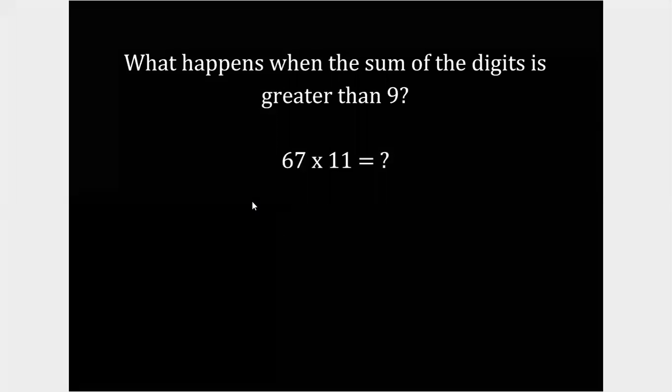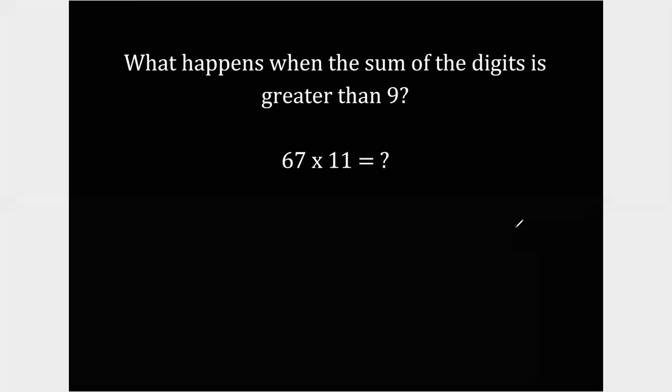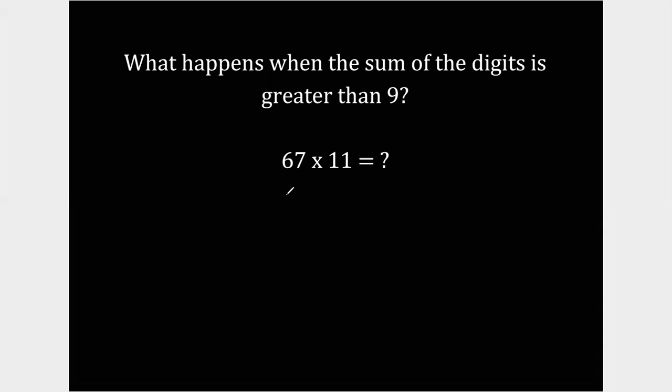However, what happens when the sum of the digits is greater than 9? If we were to use our rule, we would say 6 something 7, and then 6 plus 7 is 13, so 6137. But this is not the right answer. In fact, this 1 needs to be added to the hundreds digit.